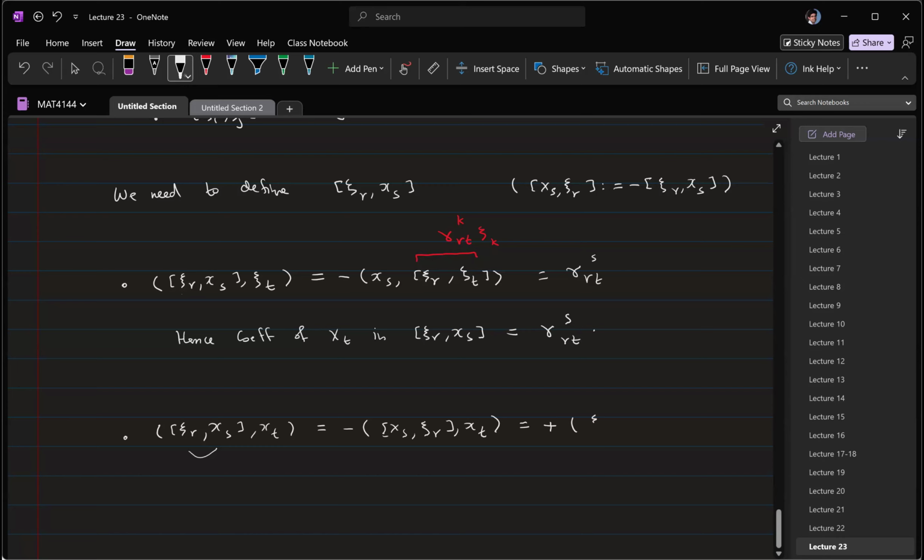And I get the pairing of CR with the bracket of XS and XT.